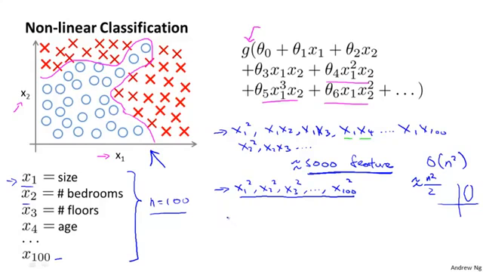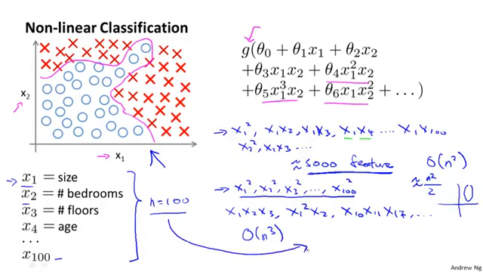So 5,000 features seems like a lot. If you were to include the cubic or third order polynomial features, like x1 x2 x3, x1 squared x2, x10 x11 x17, and so on, you can imagine there are going to be a lot of these features. In fact, they're going to be order n cubed such features, and if n equals 100, you can compute that you end up with on the order of about 170,000 such cubic features.